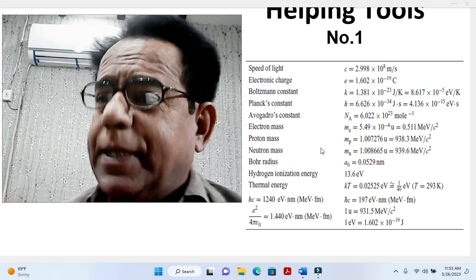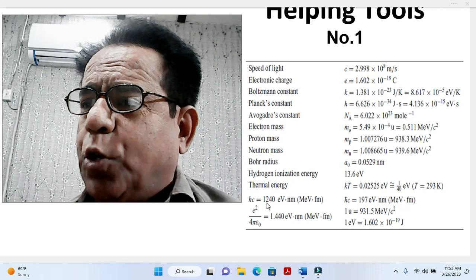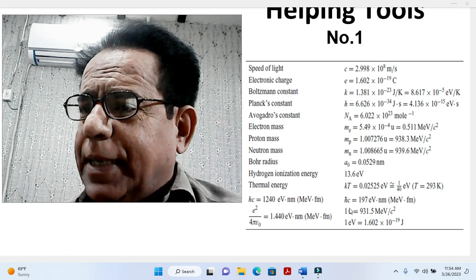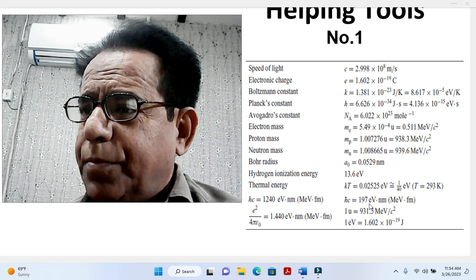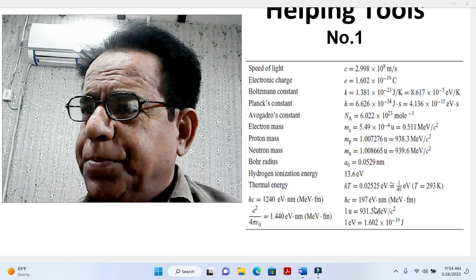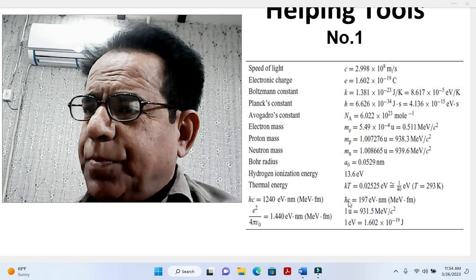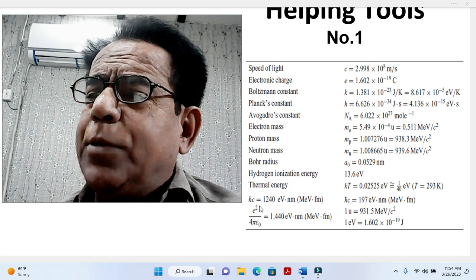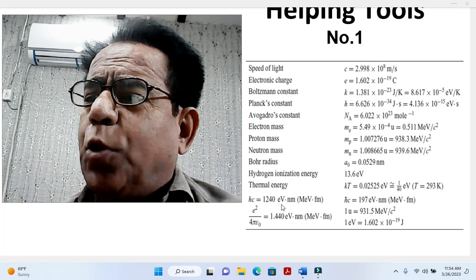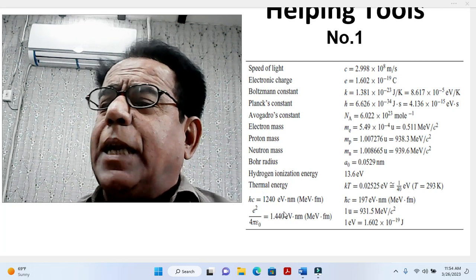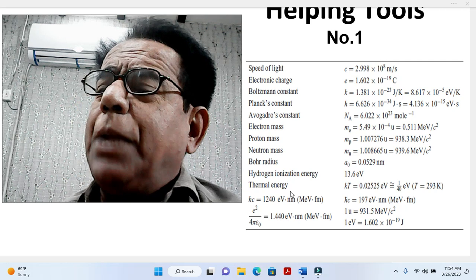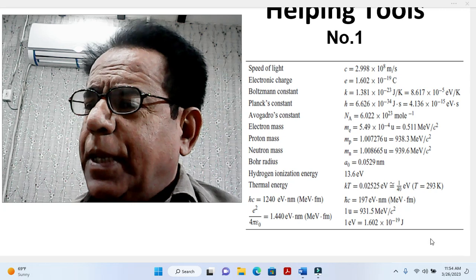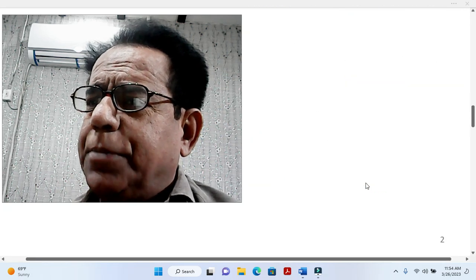Anyhow, we are concerned with the first value, 1240. For the time being we are not concerned with this value. Even we do not need this value 1240 electron volt nanometer or million electron volt femtometer. We can manually multiply h with c and we can use our desired value.